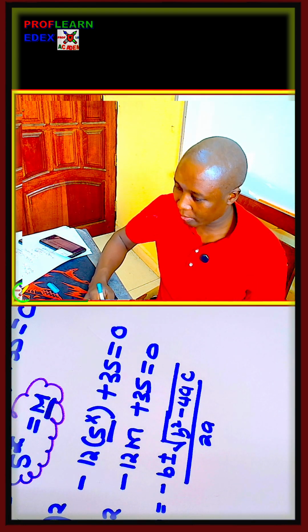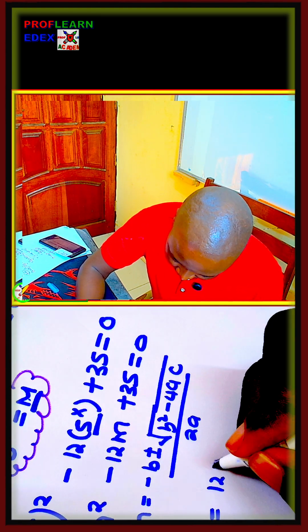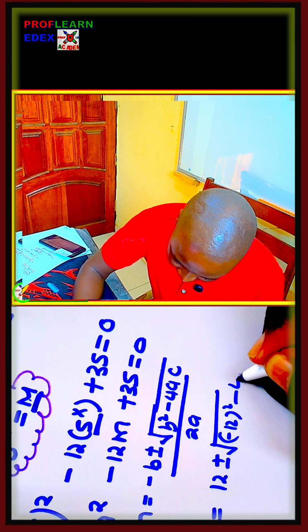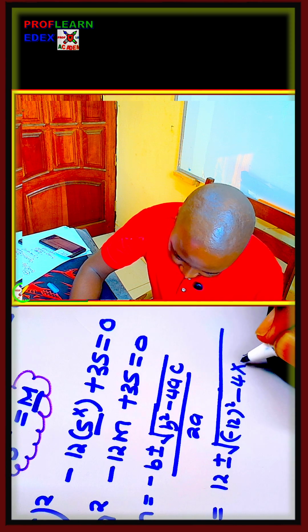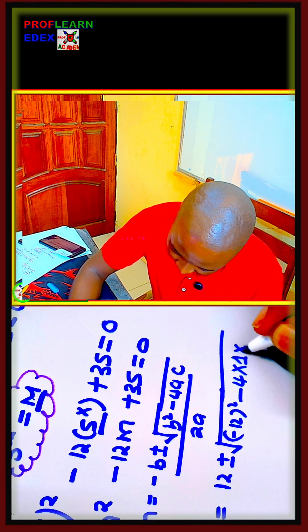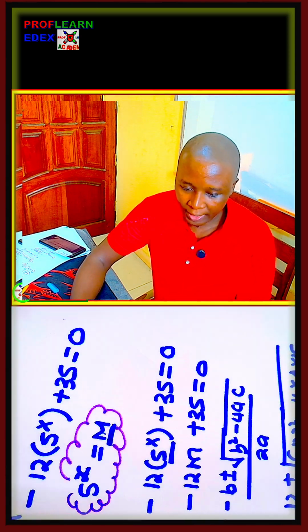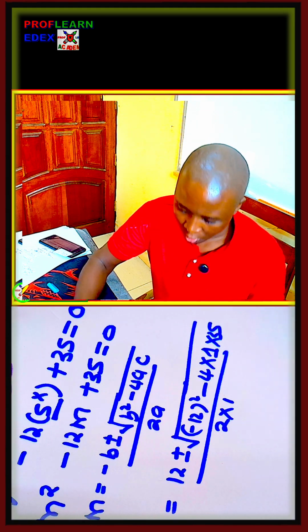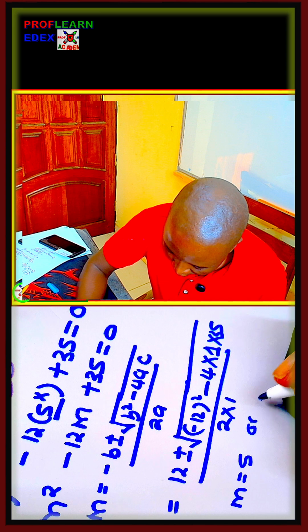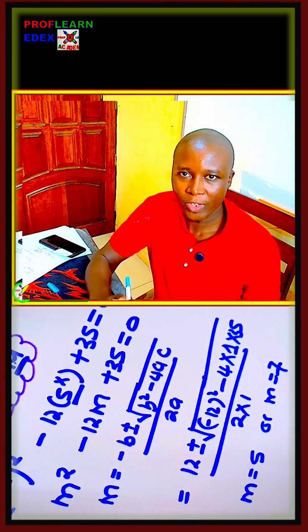So this is going to be 12 plus or minus square root of negative 12 squared minus 4 times a, a is 1, c is 35, over 2 times 1. If you work this out, m is going to be 5 or m is going to be 7. Those are the two values of m you are going to get.